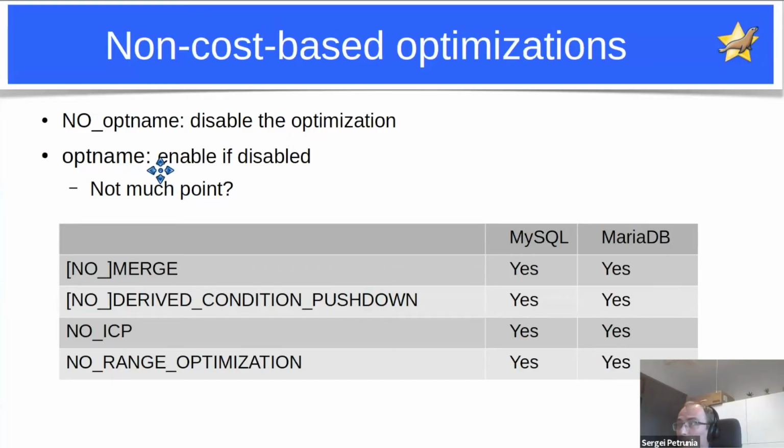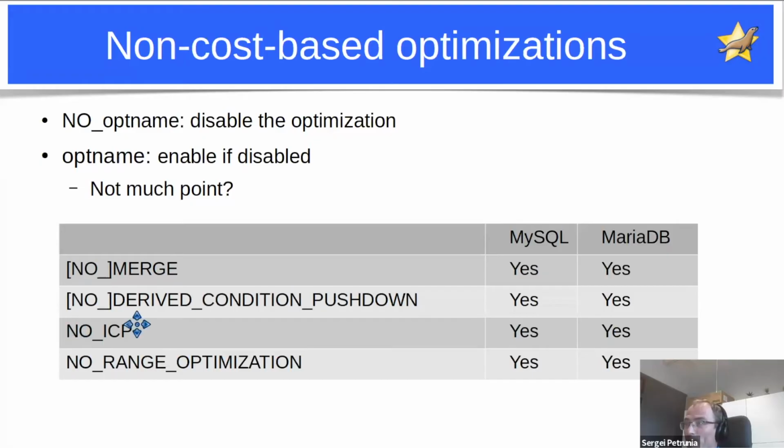The only use case where it has any effect, I see, is if you disable an optimization with the optimizer switch or with a global setting, and then you want to enable it in some specific case. That's the only case where this hint would have any effect. And for some reason, you can also do that with the index condition push down.